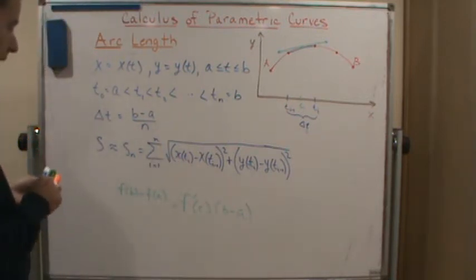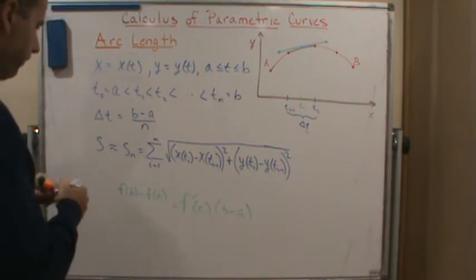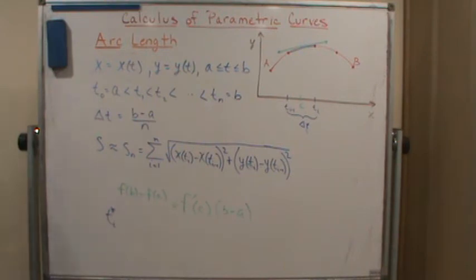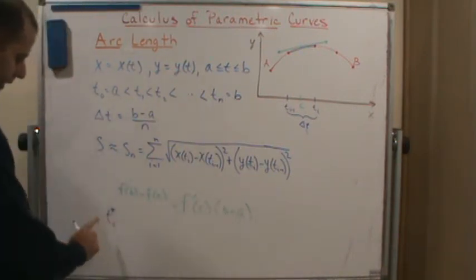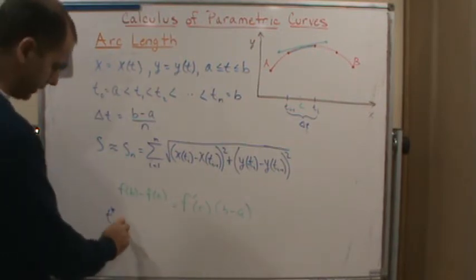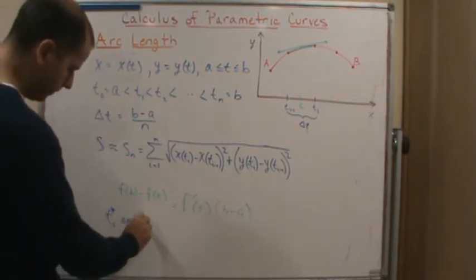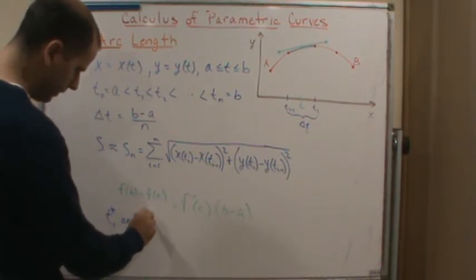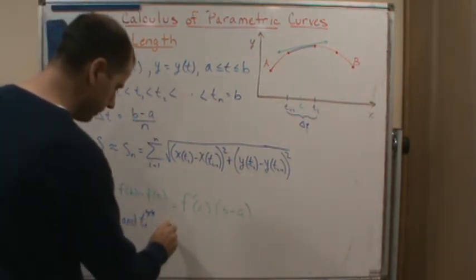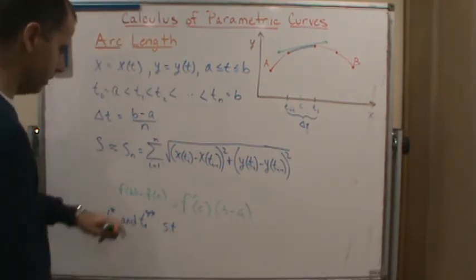Let's call one t sub i star, and another t sub i double star, on each subinterval such that what?